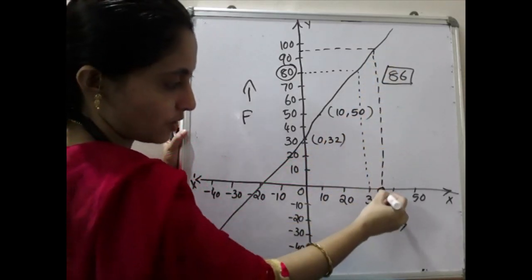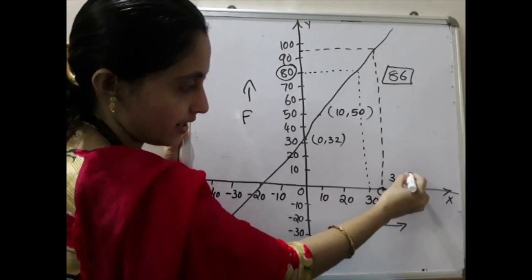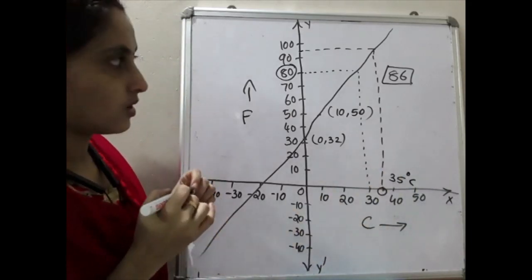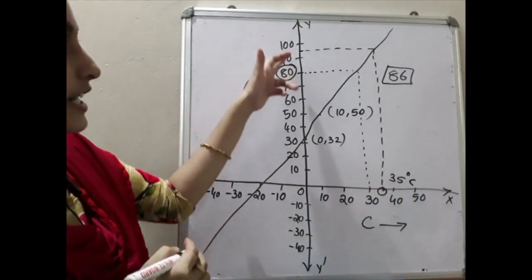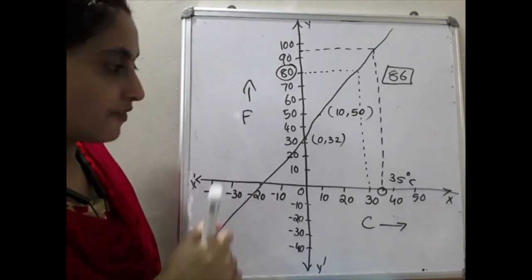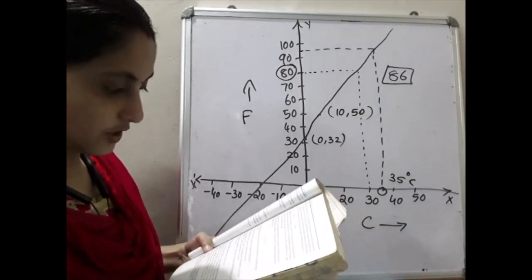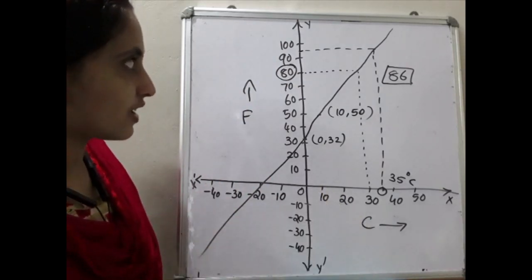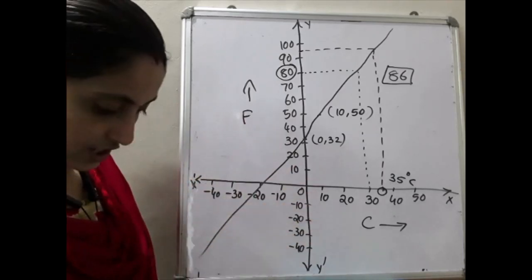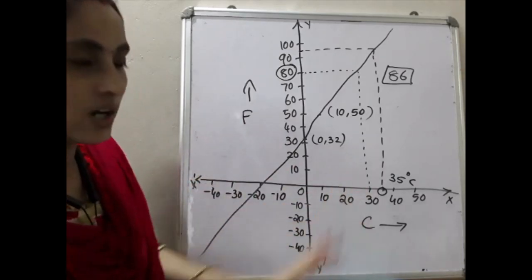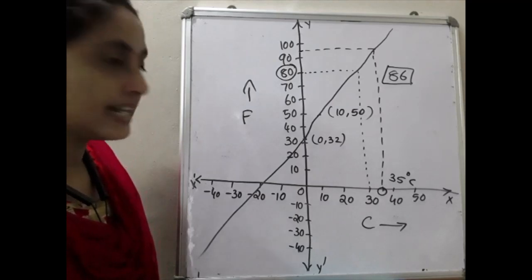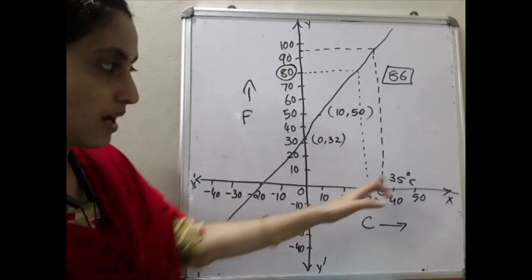Approximately 35 degrees Celsius. So for 95 Fahrenheit, we got the answer as 35. That is, if the temperature is 95 degrees Fahrenheit, the temperature in Celsius is 35 degrees Celsius.